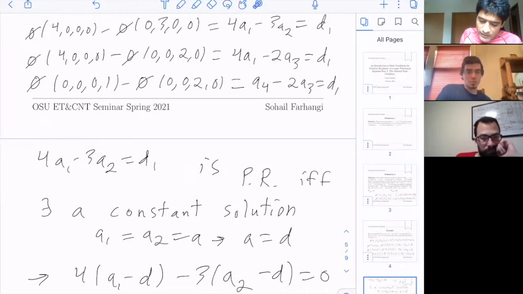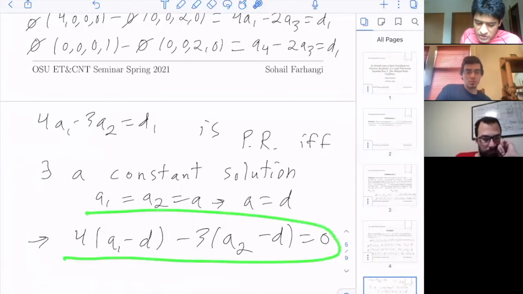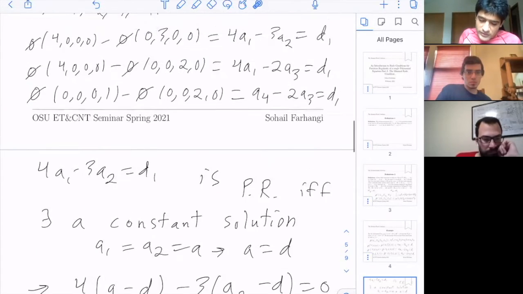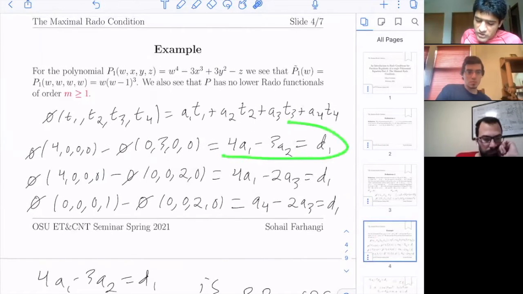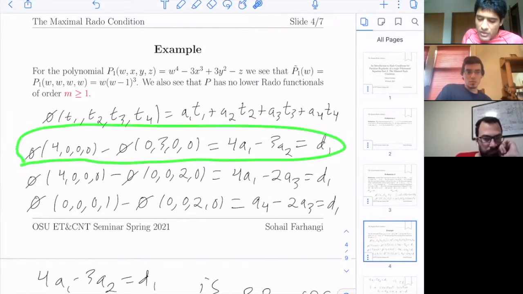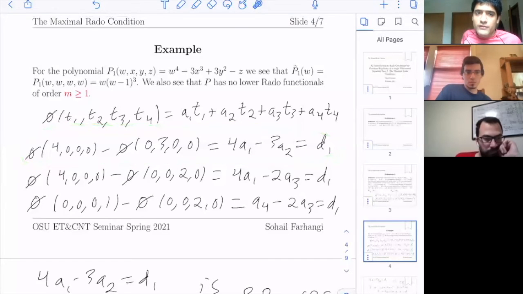But we now see that this equation is not partition regular because it does not satisfy the traditional Rado theorem. So you only end up getting the one solution. So this equation is not going to be solvable for infinitely many distinct tuples A1 to A4. And therefore, this cannot be the way in which we obtain the value D1 for our functional.